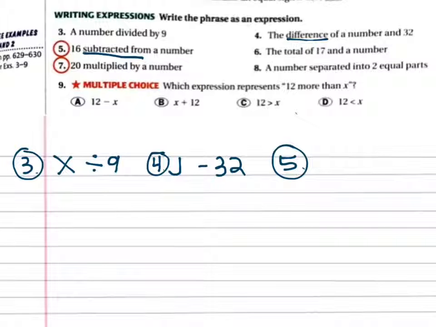Is 16 going to go before the subtraction sign or after? Let's look at it. Subtracted from. It's got to be after, right? So we write 16, and we'll do E for Eves. E minus 16.